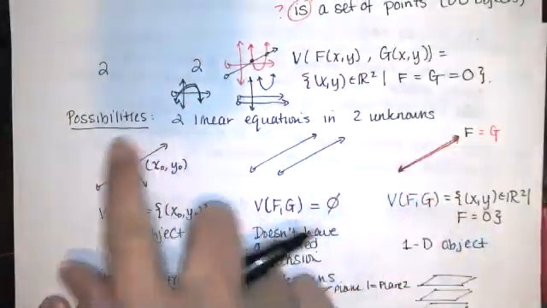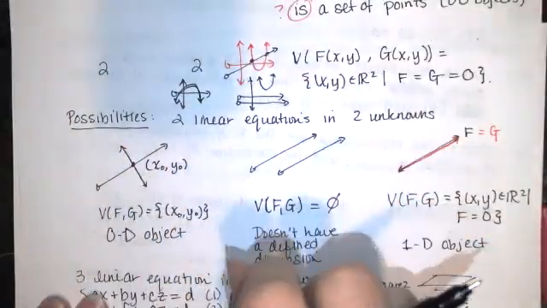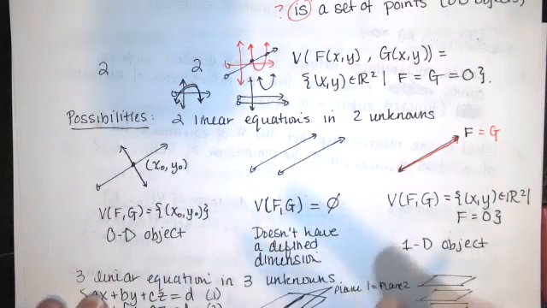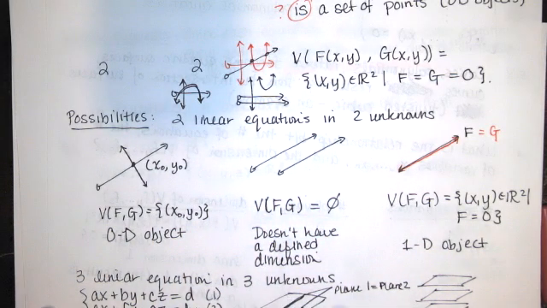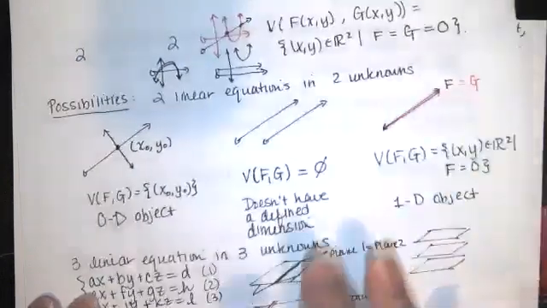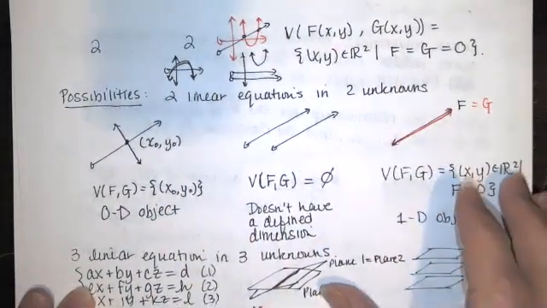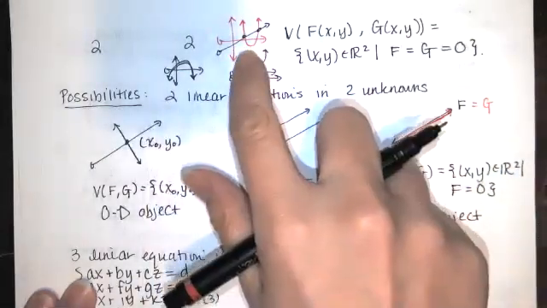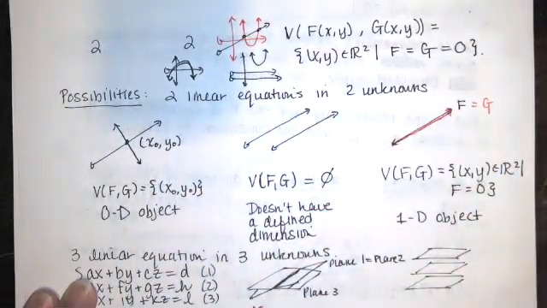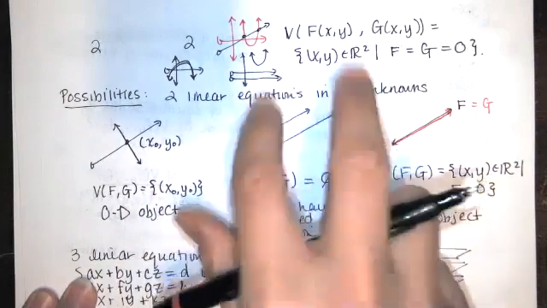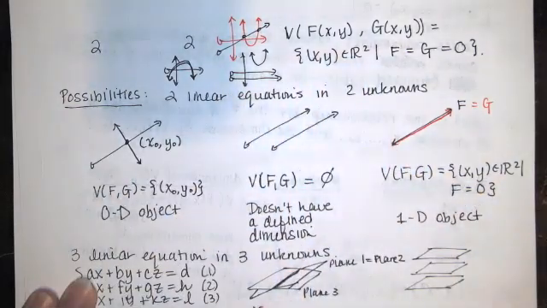Most of the time we can subtract: 2 equations and 2 unknowns has 1 solution. 3 equations and 3 unknowns will have a finite number of solutions. 2 equations and 2 unknowns will have a finite number of solutions. And if it has a finite number of solutions, that's just a set of points. That's 0 dimensional. You just subtract 2 minus 2 and you get 0 dimensional objects.